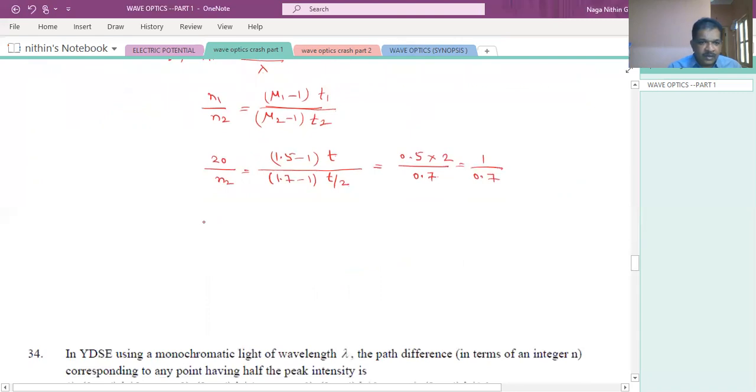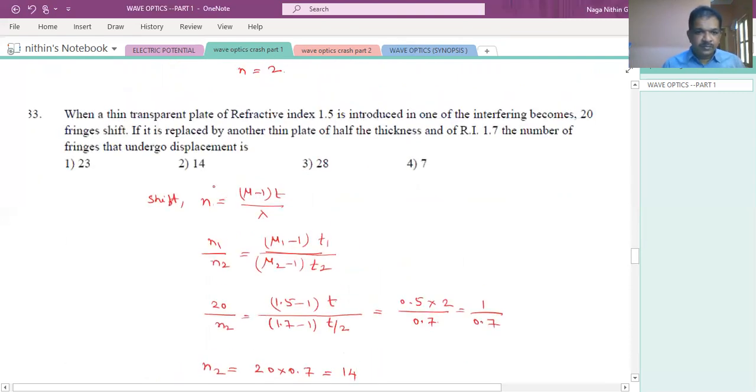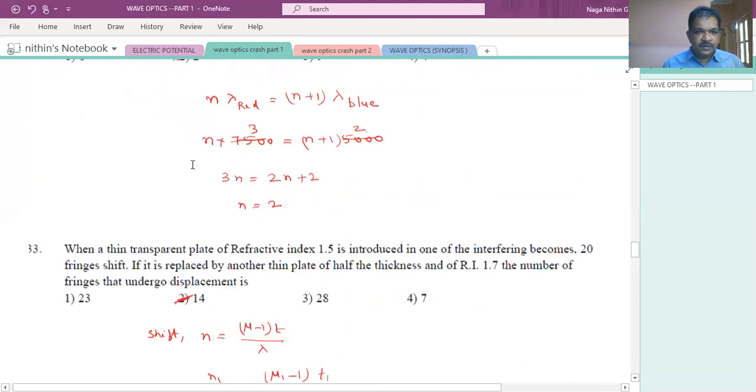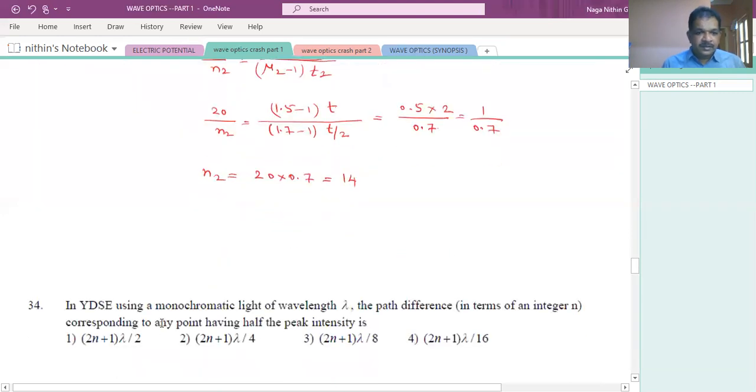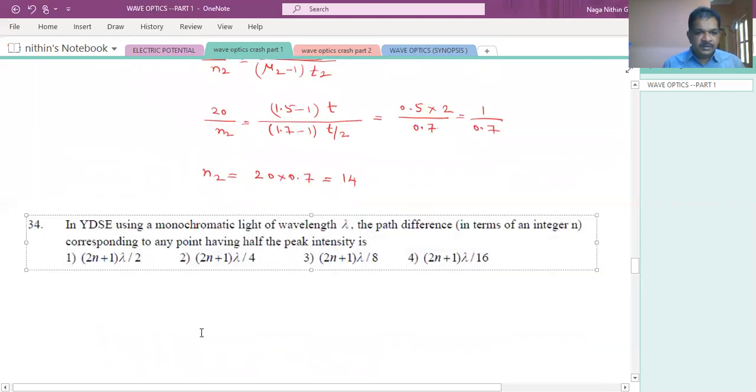Then n2 value is equal to 20 into 0.7. This will be 14. Okay, so this is the answer for it. Next, see the next question.